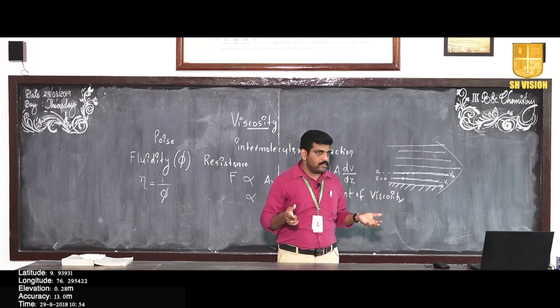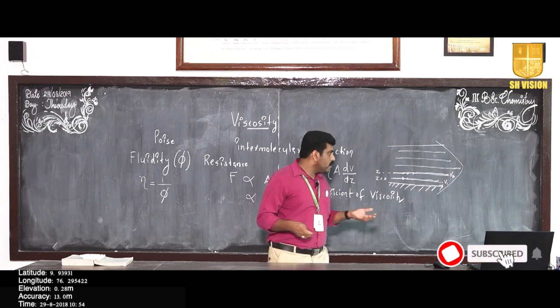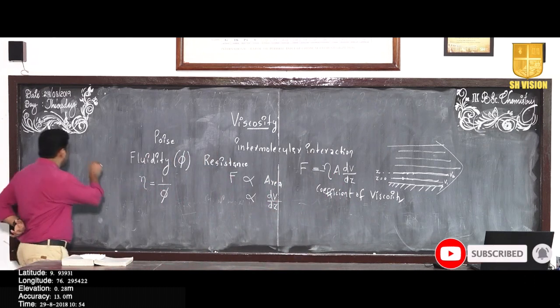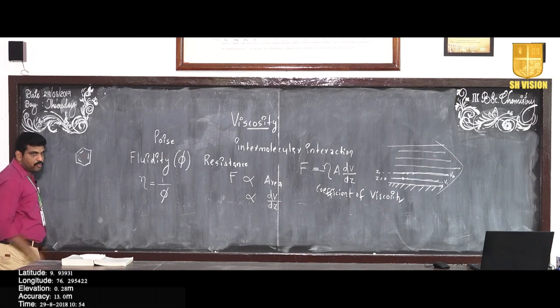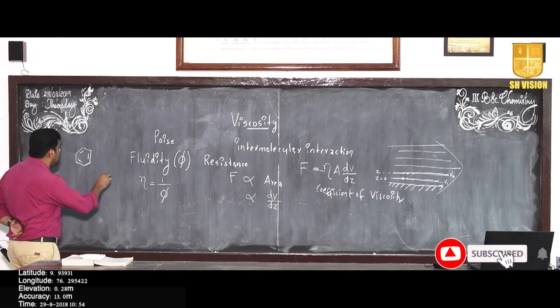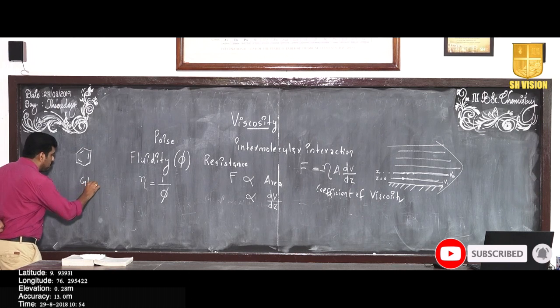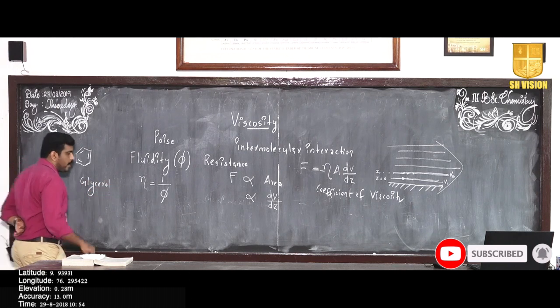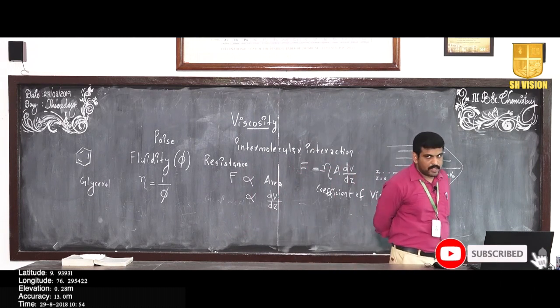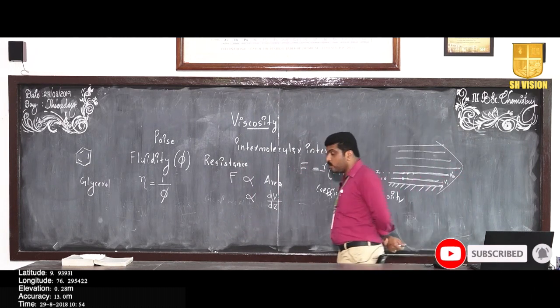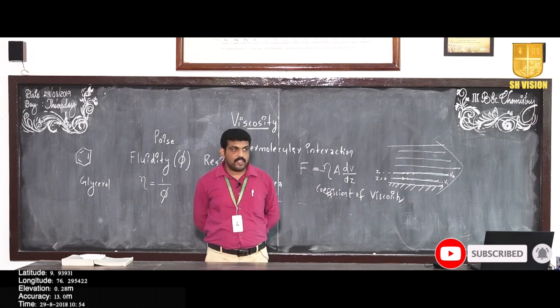Glycerol, obviously, isn't it? Benzene is a liquid, a solvent which we use in our laboratory, and glycerol is a trihydric alcohol, so you have 3 hydroxy groups present in glycerol. So glycerol is found to be more viscous than benzene.